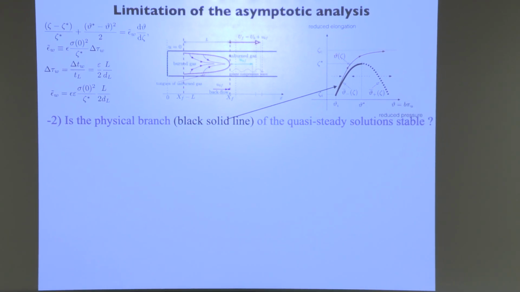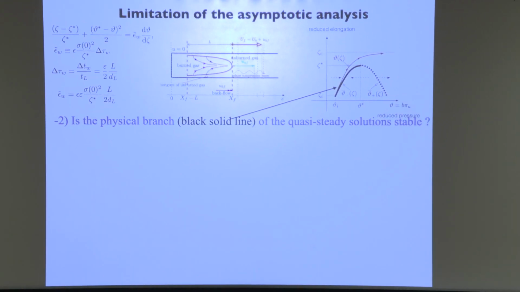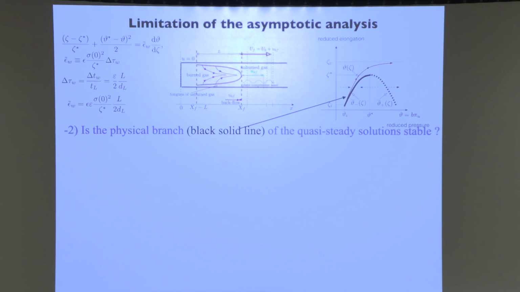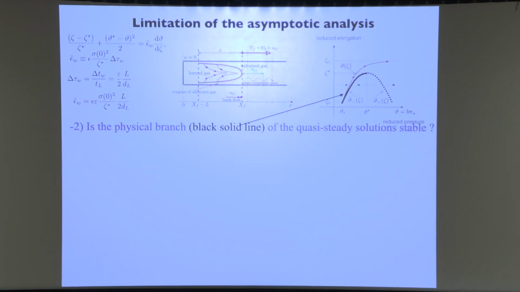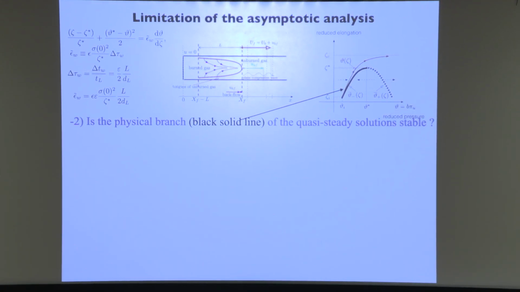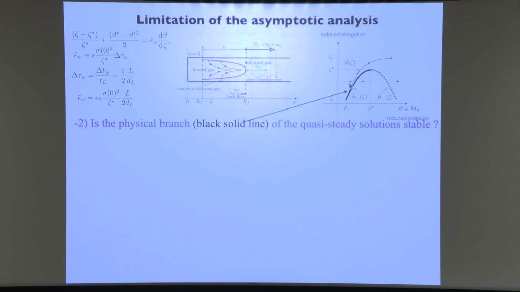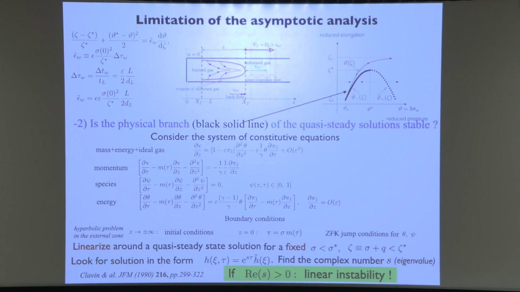Now, as I told you, the second very important point is whether the physical branch of the black solid line here, the quasi-steady solution, is stable. I gave you the answer.